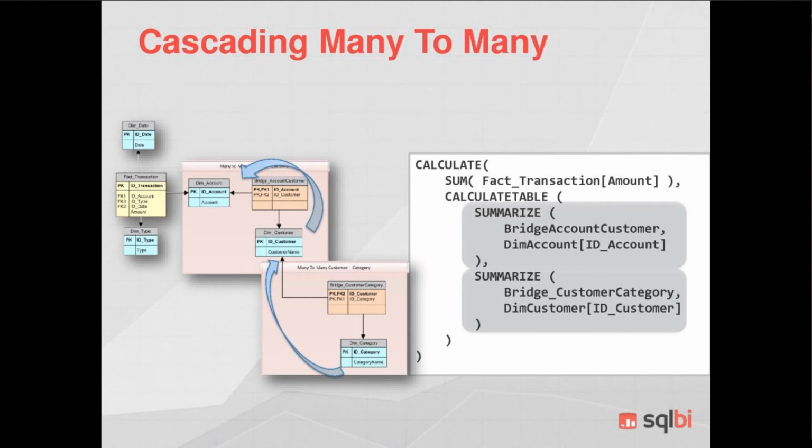We have a filter on customer. We summarize the bridge account customer using dim account ID account. This will return a table of dim account, this area, and that table will filter the fact table. So at the end, you will have the final result, which are only the transactions of that specific category.